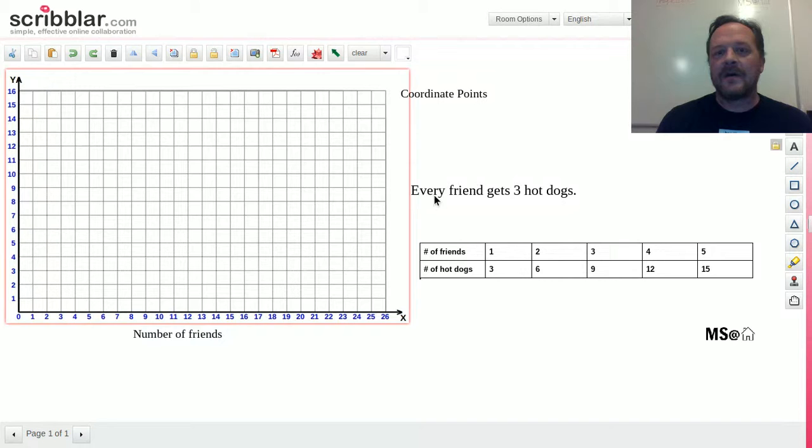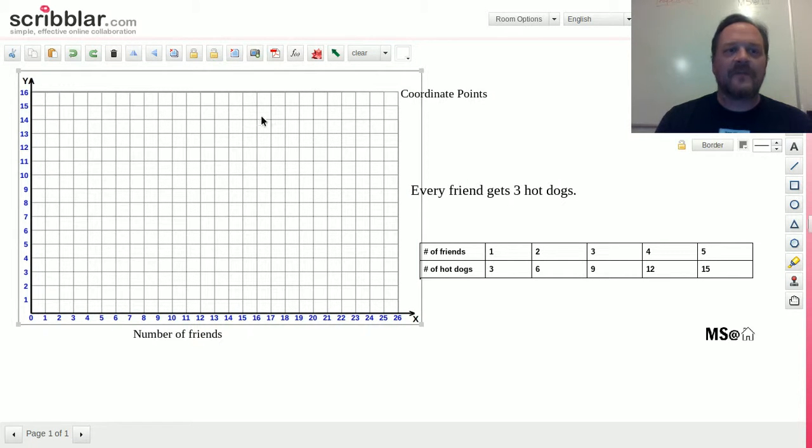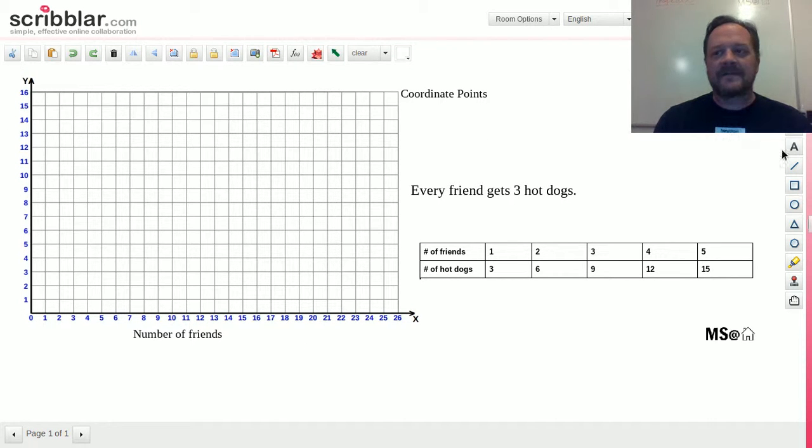Let me scoot this a little bit because I also want to put over here that the y-axis represents the number of hot dogs. We'll see if I can make this fit. It's not going to look pretty. Next time I'll make it prettier.